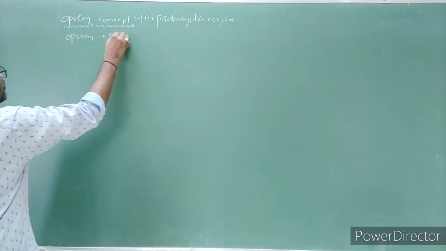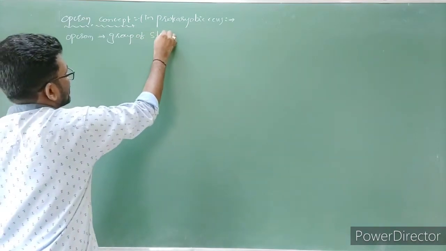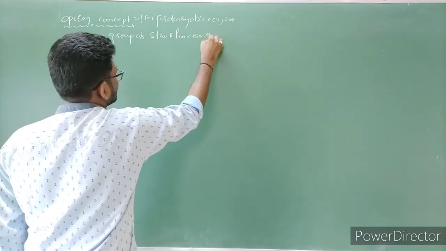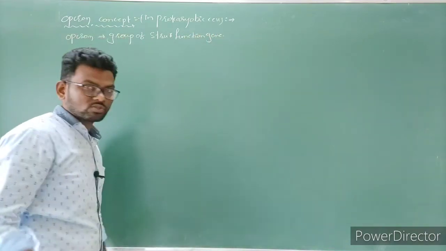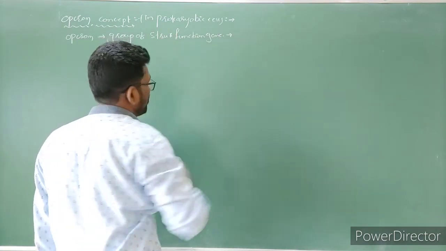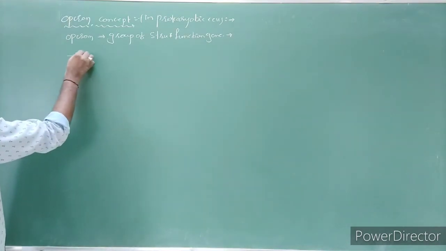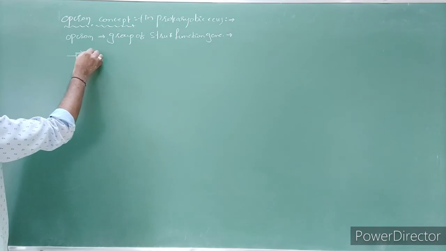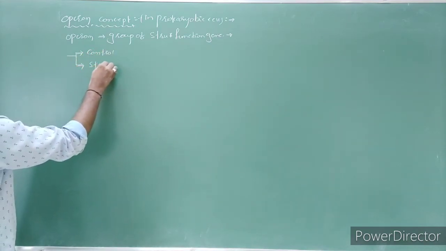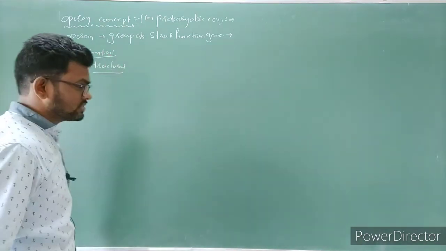It is a group of structural and functional genes that come together to form one group, one cluster, that is called an operon, right? So the operon mainly contains two types of genes. One is controlling genes and one is structural genes.